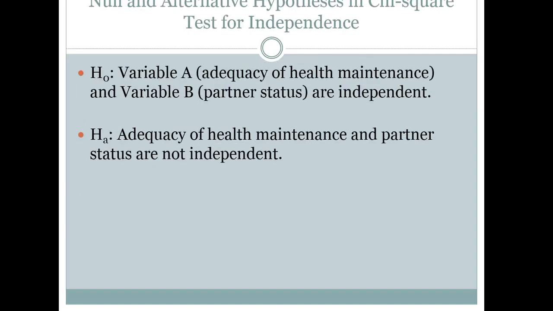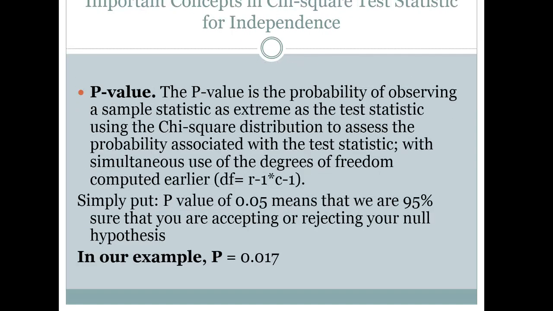So that is an illustration of the chi-square test statistic being used for independence.